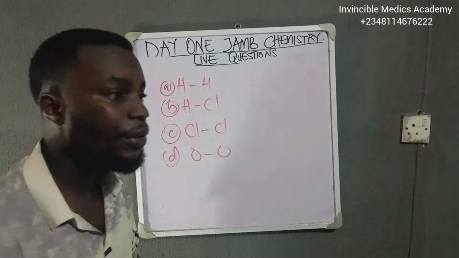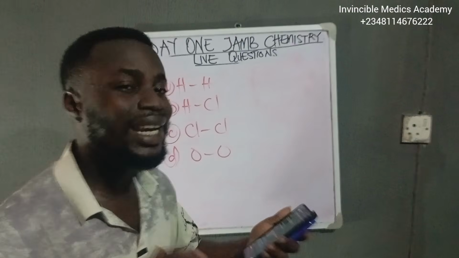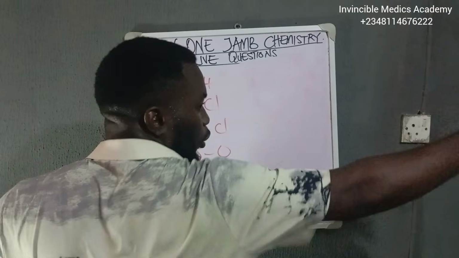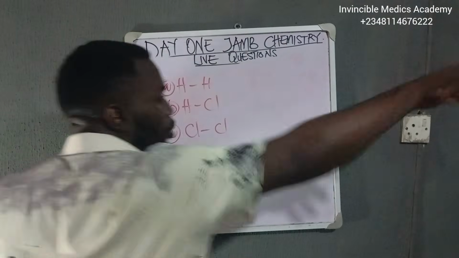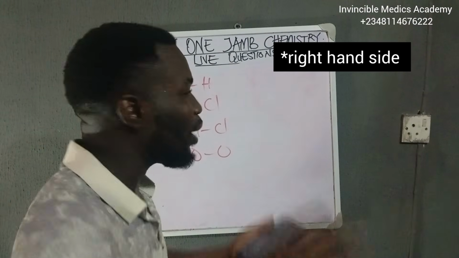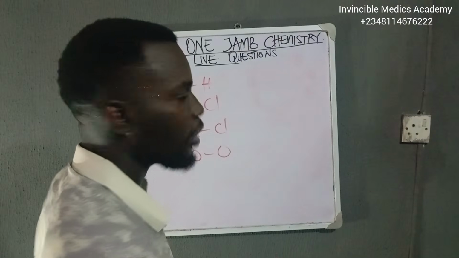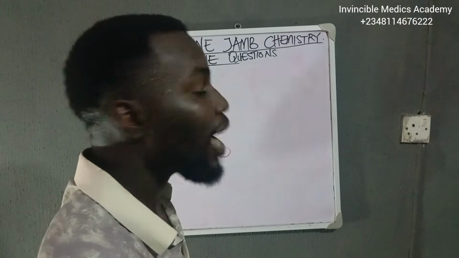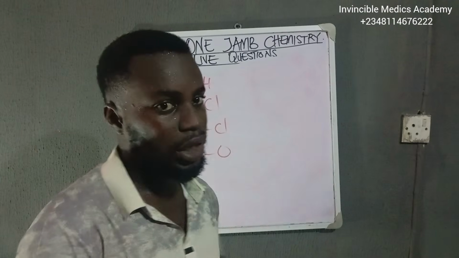Now polarity has to do with difference in electronegativity value. Remember, I said that electronegativity increases across the period. So elements towards the right hand side of the periodic table have higher electronegativity value, while elements towards the left hand side have lower electronegativity value.